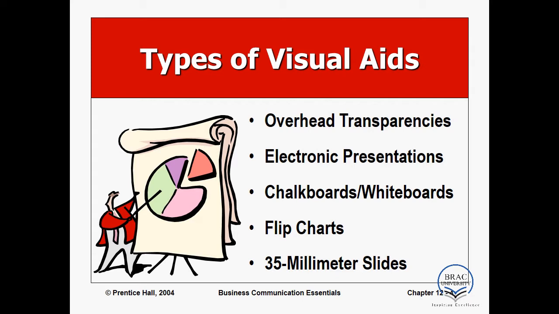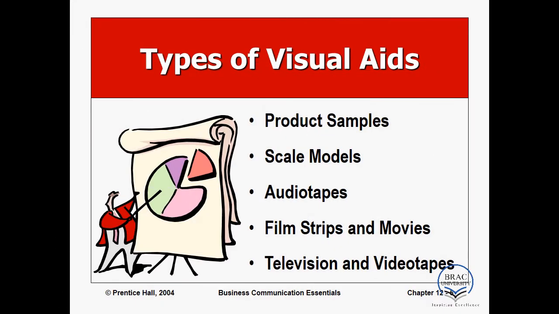So it's totally up to you as the presenter to decide what type of visual aids would be effective for your speech or presentation. Product samples, scale models, audio tapes, film strips and movies, television and videotapes are also some examples of visual aids.